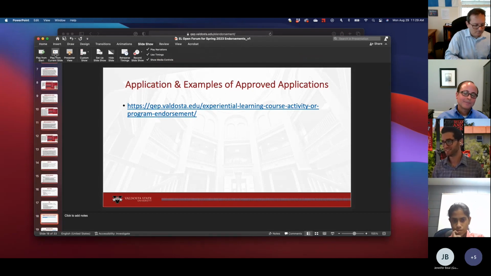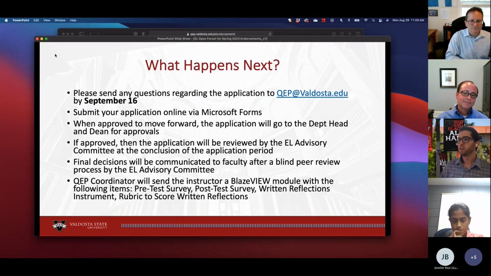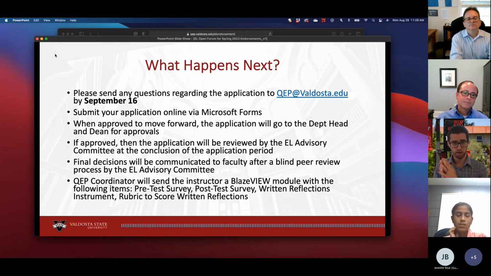All right. So again, send any of those questions to my COL Walker, or you can send it to the qep@valdosta.edu address. And essentially the way that this works from an approval process standpoint is you'll submit the application and it will go to your department head.